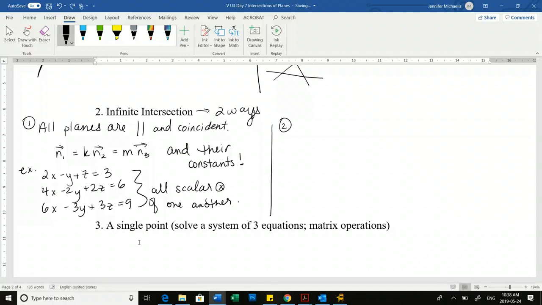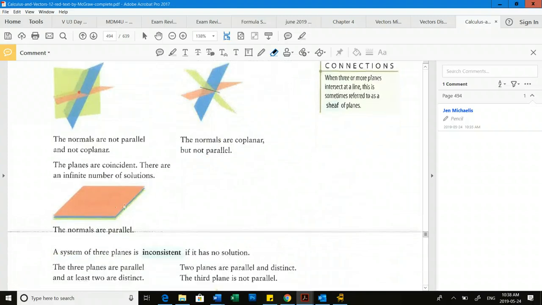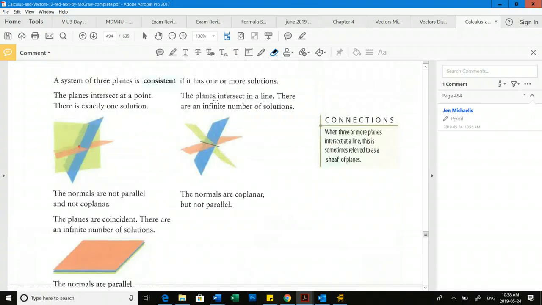Okay, the other way that this can happen is if all 3 planes intersect in a line. So I'll just show you that example here. So this is the scenario I just showed you. So we'll find all the normals are parallel along with the constants, they're scalar multiples. This is the other way that we can have an infinite number of solutions, because there are infinite points on this line where our planes are intersecting.